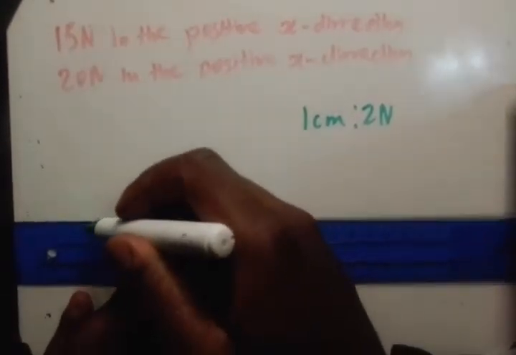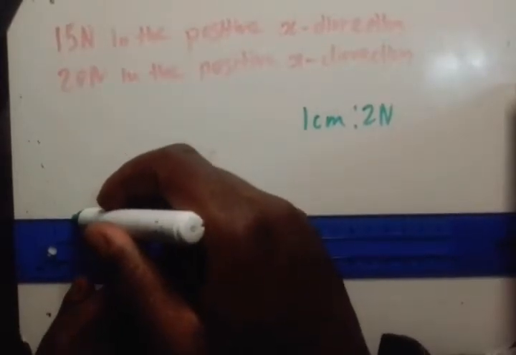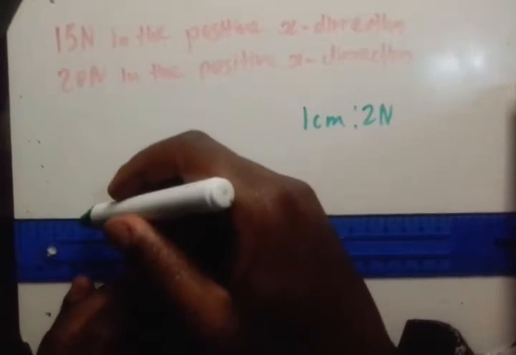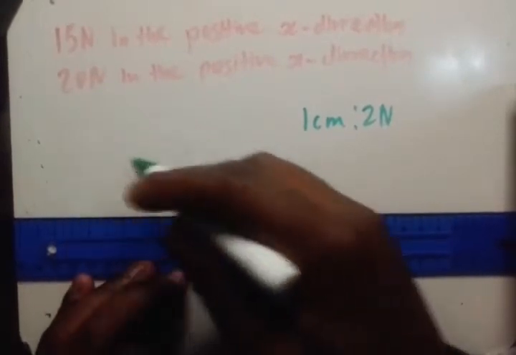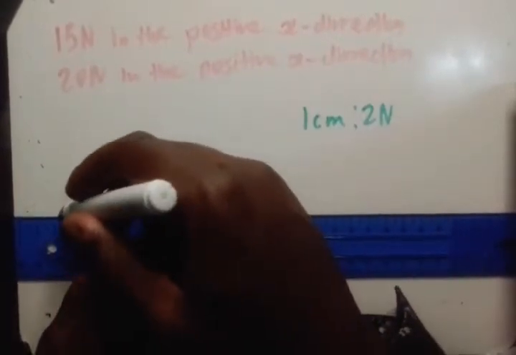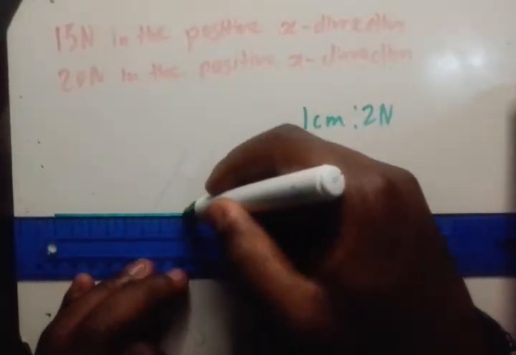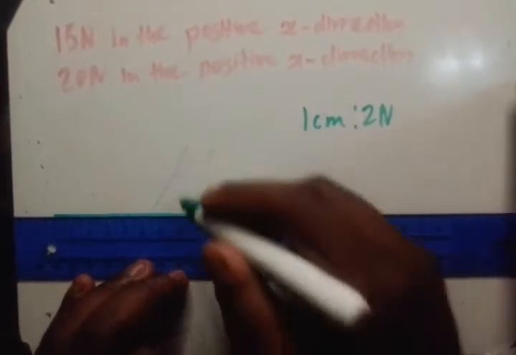So I'm going to measure 7.5 centimeters in the positive x direction, meaning it's going to go to the right. So it's going to be horizontal in this case. So we're going to measure 7.5 centimeters, which would be just this that I drew.